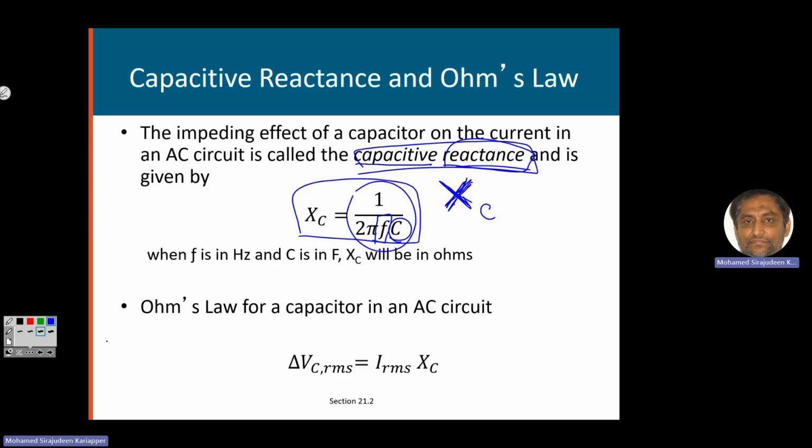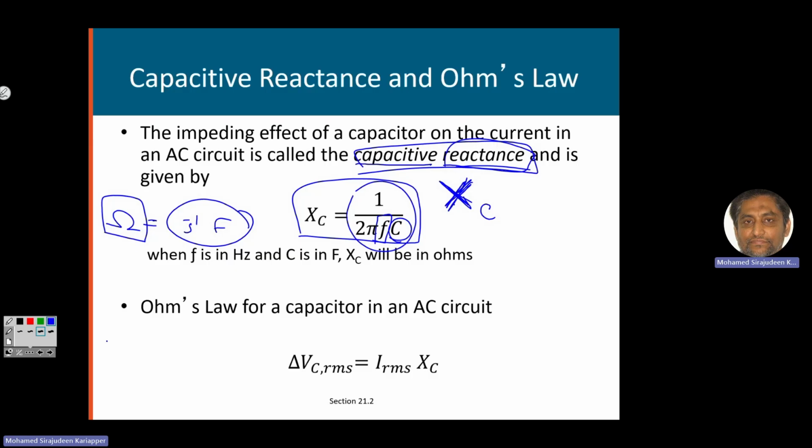F is in hertz, that means per second, and capacitance is in farad. One can show that farad per second is the same as ohms. I'll not go into the detail. It can be shown; you don't have to worry about showing it. Just take my word for it. So it has the same unit as resistance, but it's not resistance.